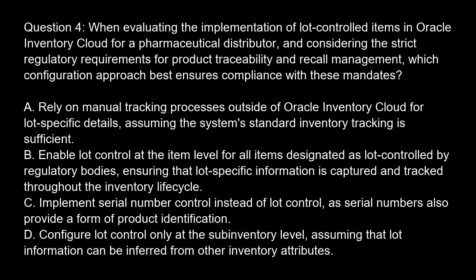Option B. Enable lot control at the item level for all items designated as lot controlled by regulatory bodies, ensuring that lot-specific information is captured and tracked throughout the inventory lifecycle. Option C. Implement serial number control instead of lot control, as serial numbers also provide a form of product identification. Option D. Configure lot control only at the sub-inventory level, assuming that lot information can be inferred from other inventory attributes.